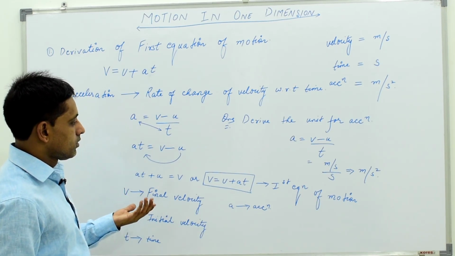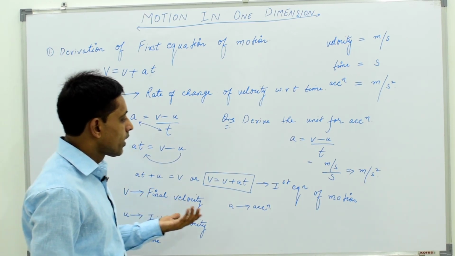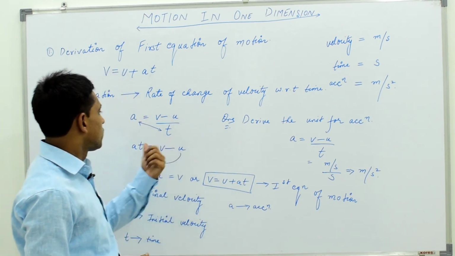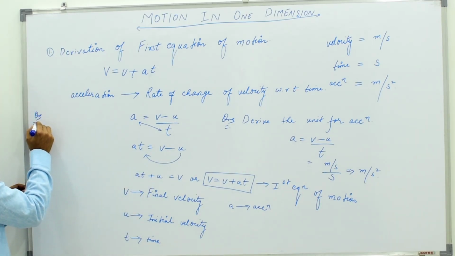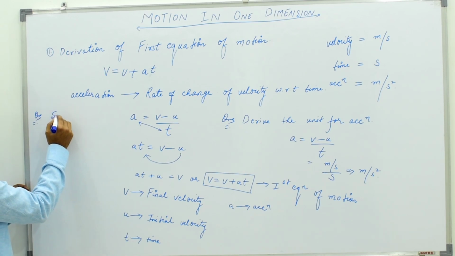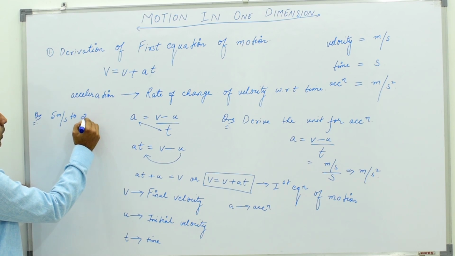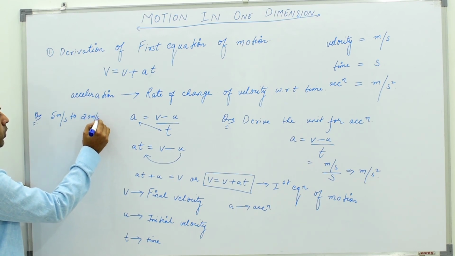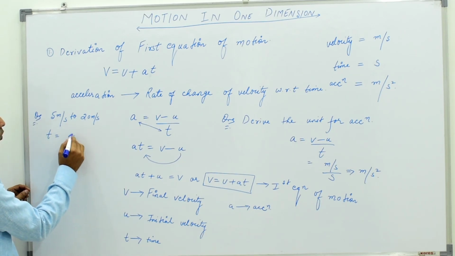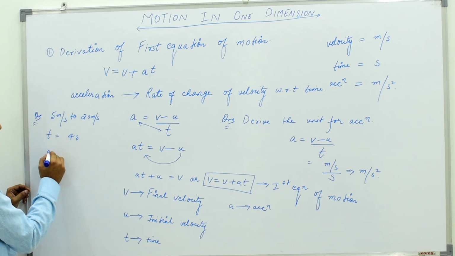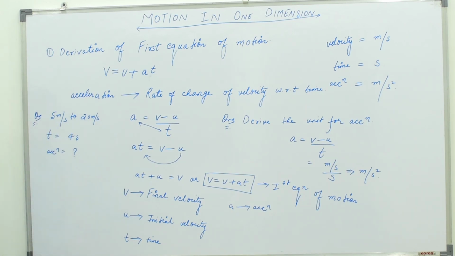Now let us do few of the numericals based on this. A question is given, suppose a body changes its velocity from 5 meter per second to 20 meter per second in time t is equal to 4 seconds. We have to find the acceleration acquired by the body.